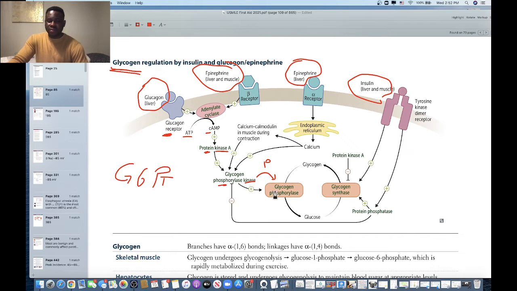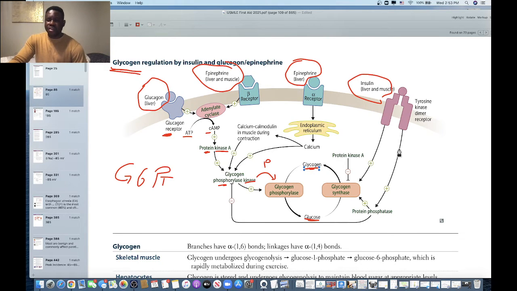And then when it activates this glycogen phosphorylase, it is going to break down glycogen into glucose so that we can release the glucose for the body to use.